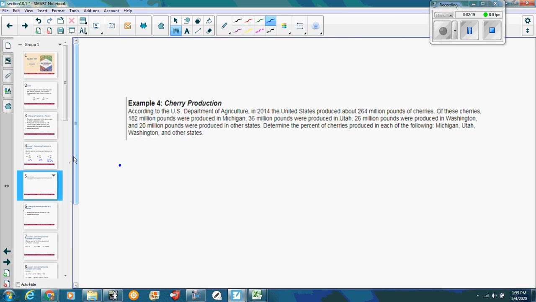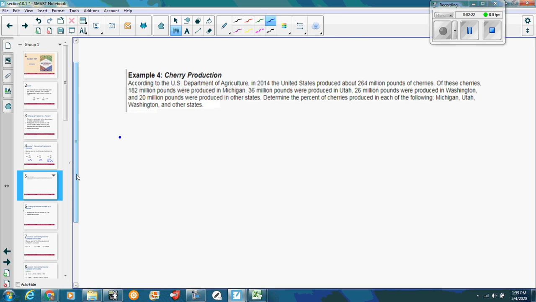Okay, so let's just do a question. According to the U.S. Department of Agriculture, in 2014 there were 264 million pounds of cherries. Of these cherries, 182 million were produced in Michigan, 36 in Utah, 26 in Washington, and 20 in other states. So what percent are these numbers?